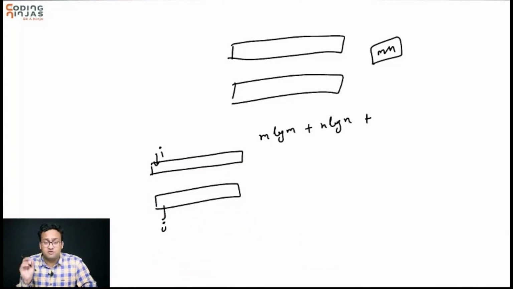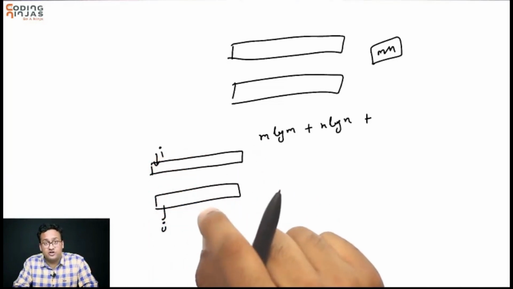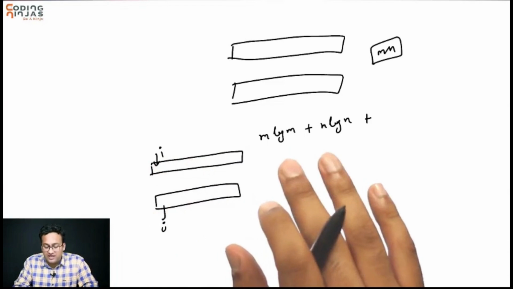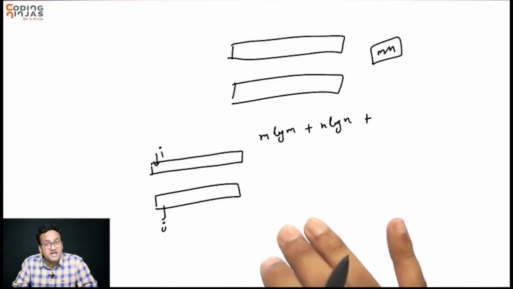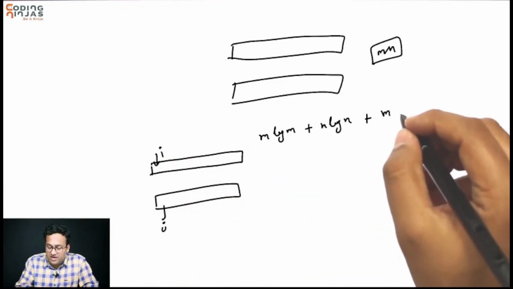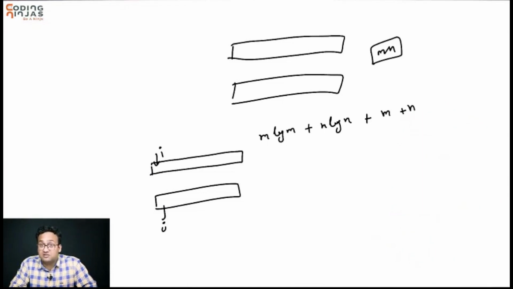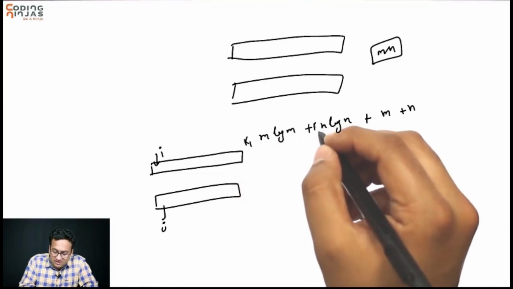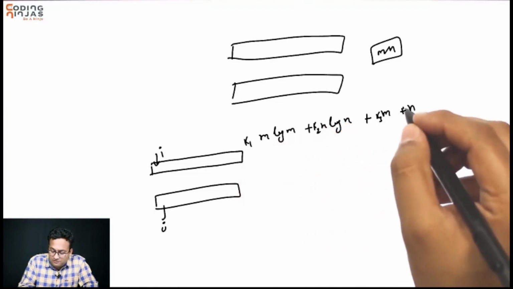For a constant amount of work you are able to move one of them, right? I'm just doing that if else check and I'm able to move either i or j, and at max I need to move i to the end and j to the end. That basically means I need to do m plus n work at max, and all of these need to be multiplied with some constant k1, k2, k3, k4.